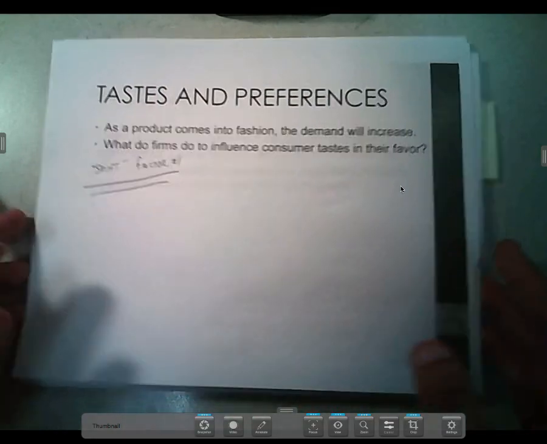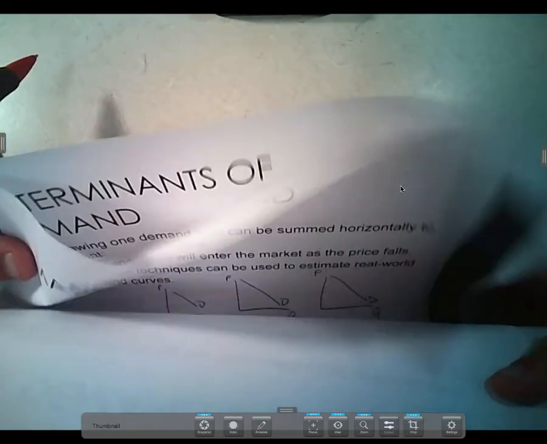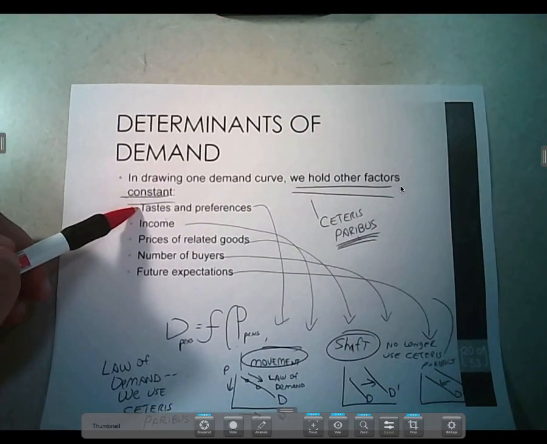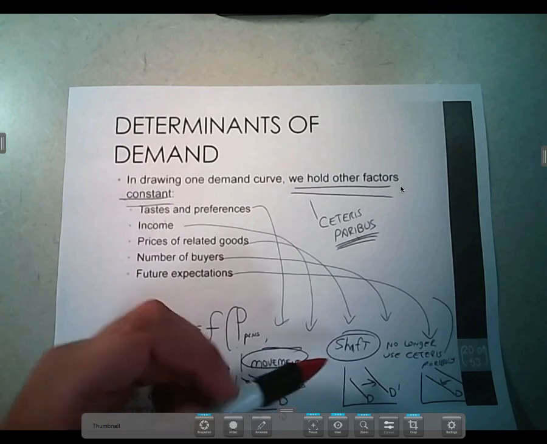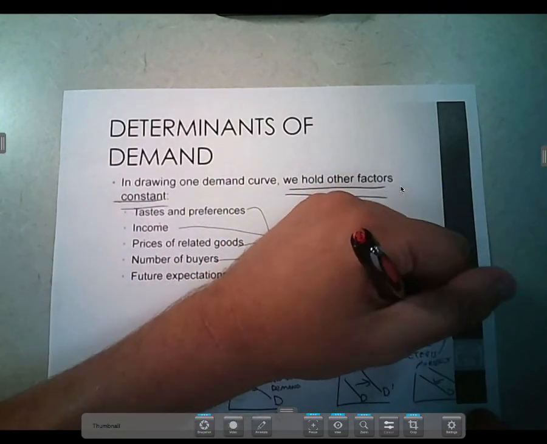If we go back to this slide, what is the first thing that could possibly cause a shift in the curve?